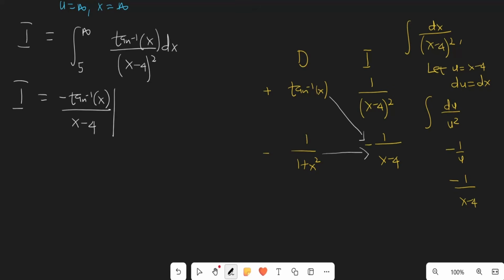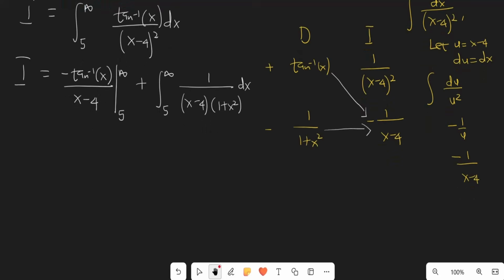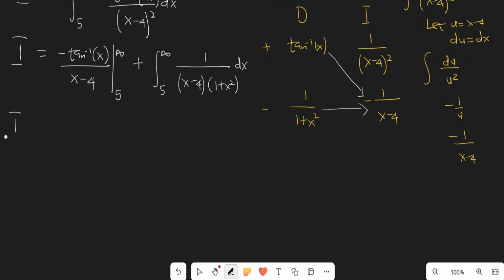We are done with the integration, so take the limits of integration from 5 to infinity. And now negative, that's positive, so that's going to be plus the integral from 5 to infinity of multiplying terms horizontally: 1 over x minus 4, multiplied by 1 plus x squared, all this one dx.